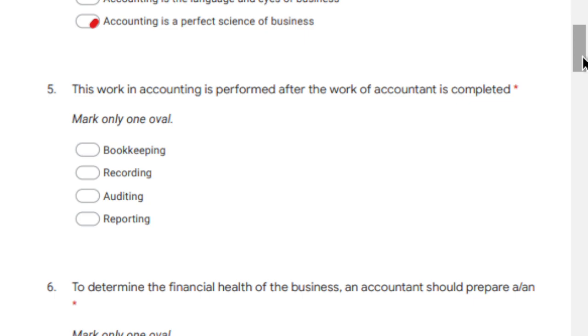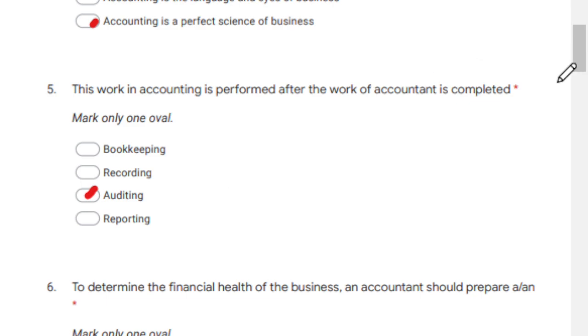So right after the recording and reporting of financial statements, here comes the work of the accountant in auditing, or let's say the auditor who checks or verifies the accuracy of the financial reports, or if it is free from misstatement or bias. Again, our answer is auditing.